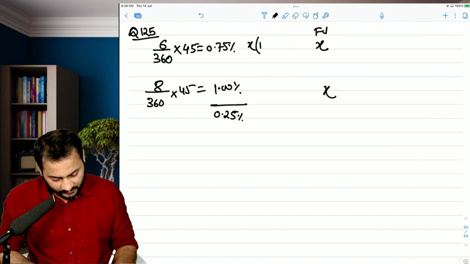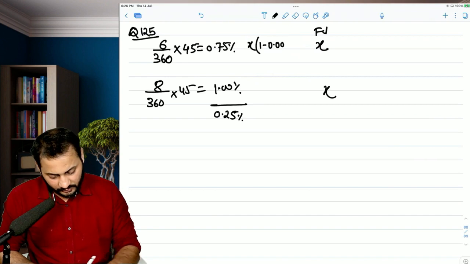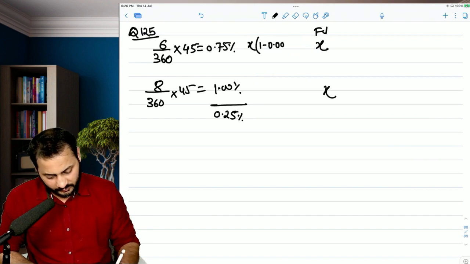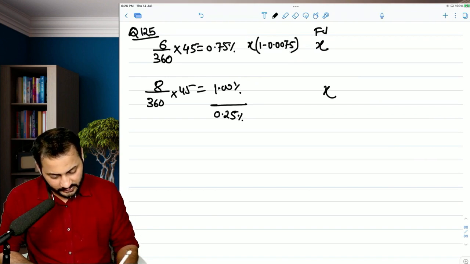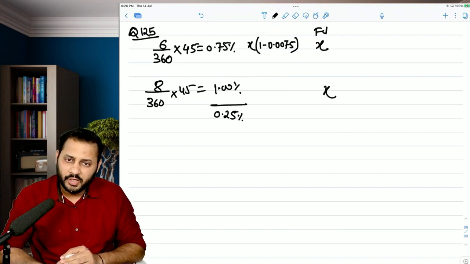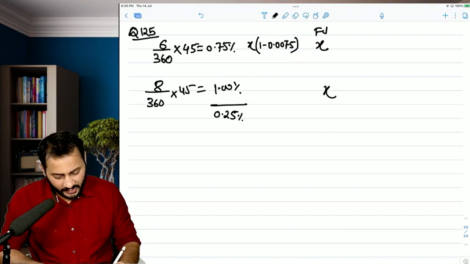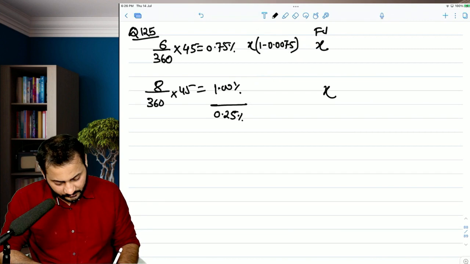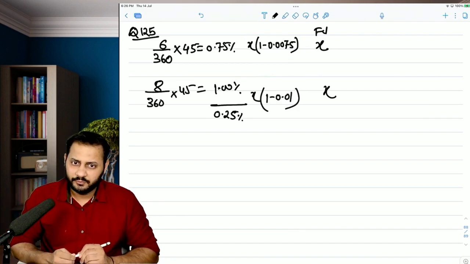X in bracket 1 minus 0.75 divided by 100, 0.0075. Am I right? If we reduce 0.75%, and this will be like this. X in bracket 1 minus 0.01. Okay, true.